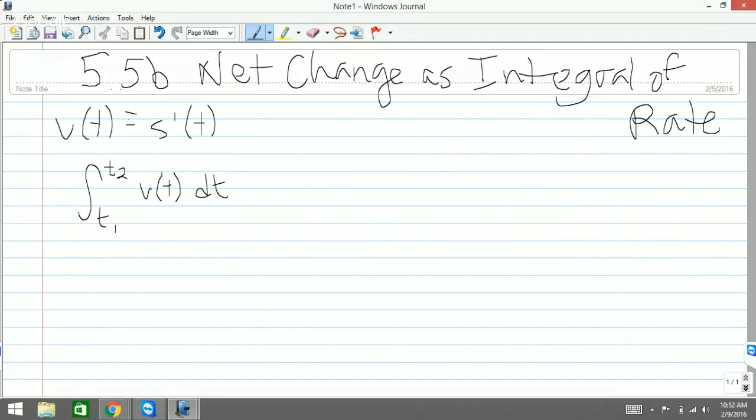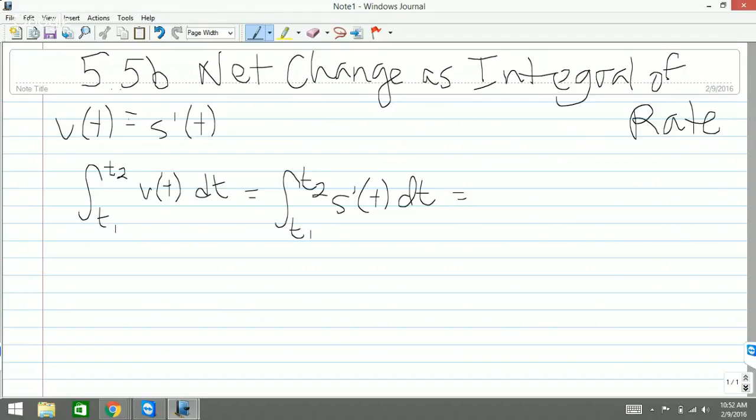The first one will be the integral from some time 1 to time 2 of the velocity, which of course is the same as that, correct? Now what can you tell me about the result using the fundamental theorem of calculus?